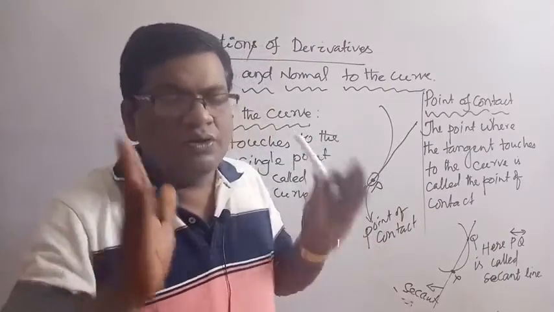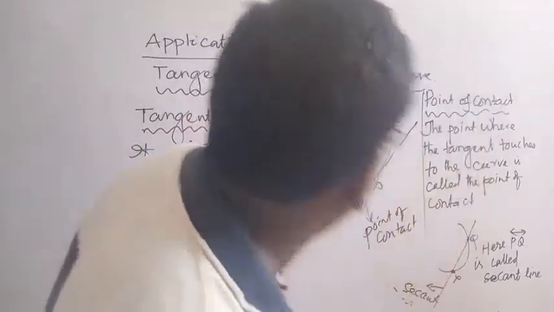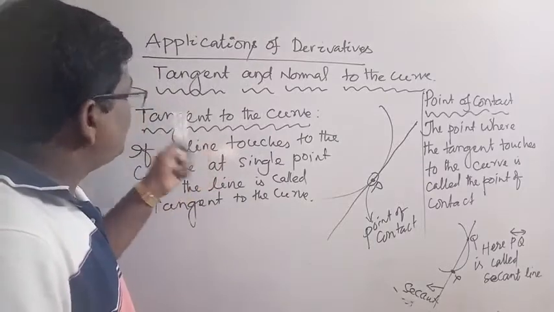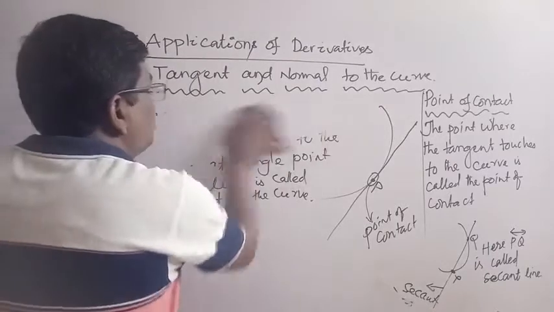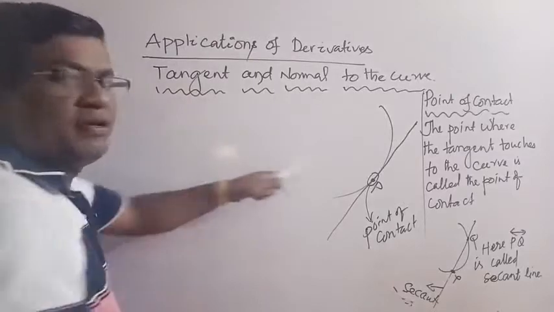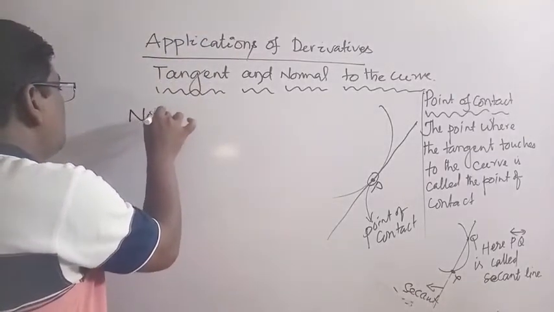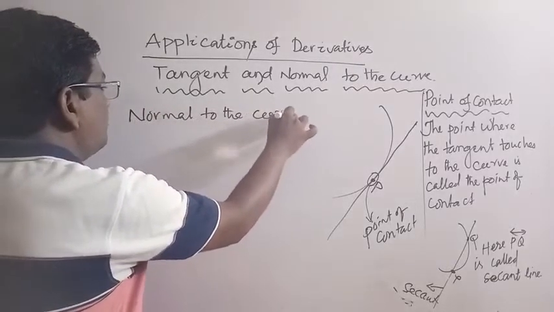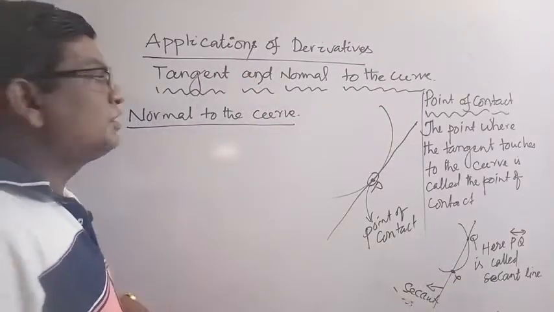Now we'll discuss what is normal to the curve. Here we discussed tangent to the curve, now we'll discuss normal to the curve. Same figure, okay? What do you mean by normal to the curve?